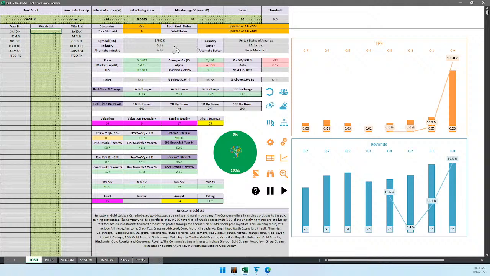Calculation done. This is a gold miner, SAND. Has a small dividend. The company makes money. It's a high growth stock, accelerating and high earnings growth.